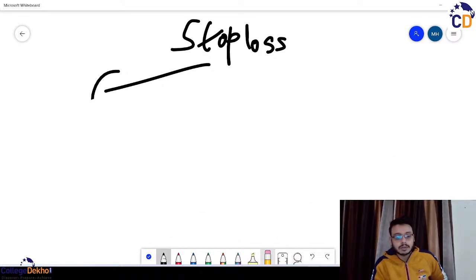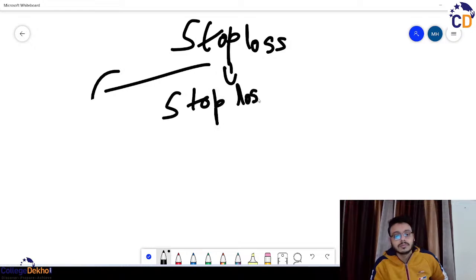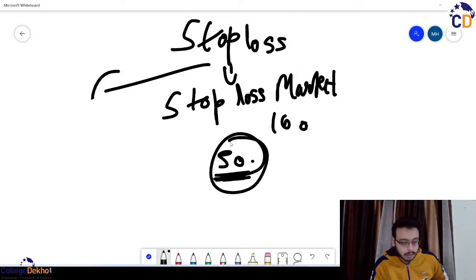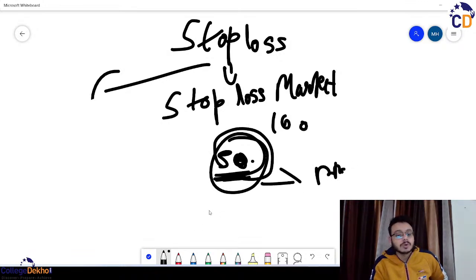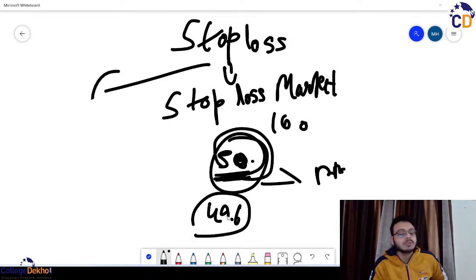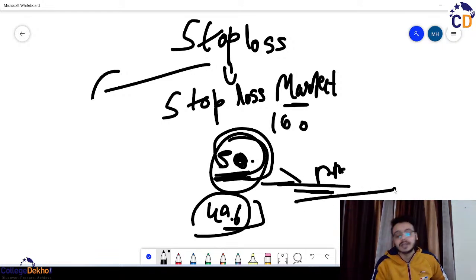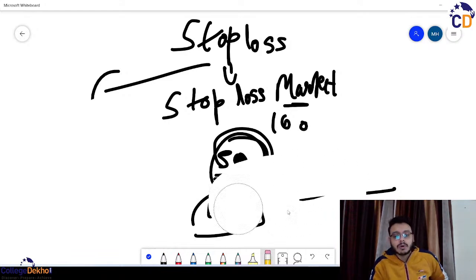Other thing people talk about is the stop loss market order. सो स्टॉप लॉस मार्केट ऑर्डर क्या है? अगर 100 का खरीदा है एंड 50 का स्टॉप लॉस लगाया है, ओके, जब 50 पे आएगा तो द शेयर वुड बी सोल्ड एट द प्रिवेलिंग मार्केट प्राइस ओनली. उसमें कुछ लाइक 49.6 या मतलब कि 49.8 कुछ ऐसे नहीं होगा. इट वुड बी सोल्ड एट द प्रिवेलिंग मार्केट प्राइस ओनली. तो इसमें वो ये लिमिट की कंडीशन नहीं आएगी. जब मान लो कि मार्केट ऑर्डर होता है ना कि सेम प्राइस पे खरीदा एंड सेम पे बेचा, सिमिलरली इन स्टॉप लॉस मार्केट ऑर्डर जो भी प्रिवेलिंग मार्केट प्राइस चल रहा होगा एट दैट प्राइस द शेयर वुड बी सोल्ड इन द मार्केट. ओके, so this was about your stop loss thing.